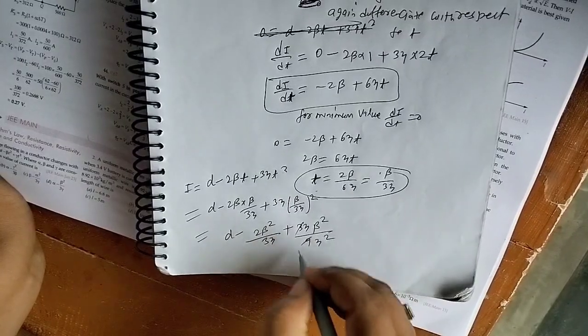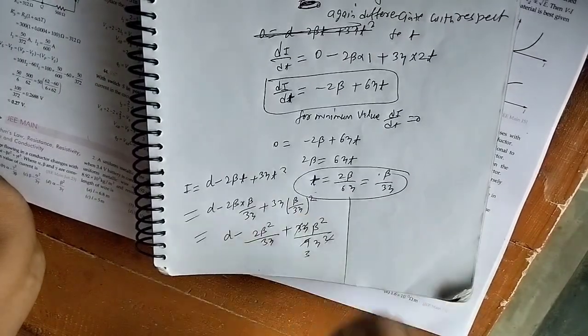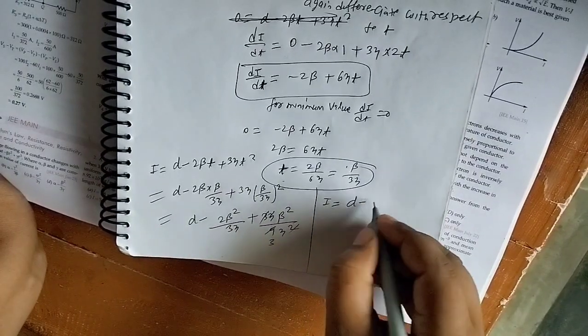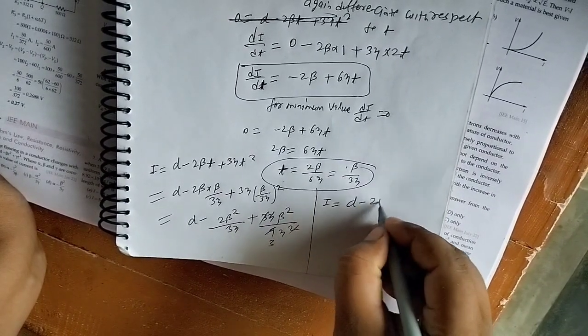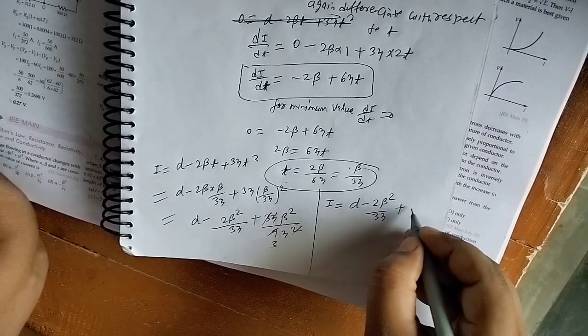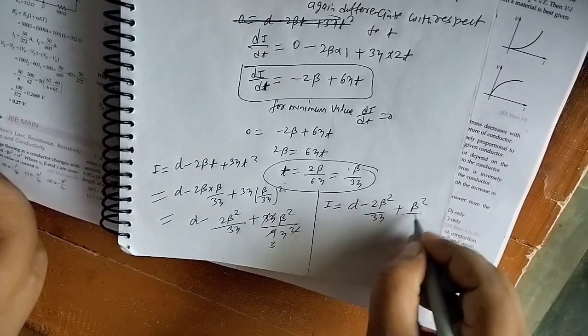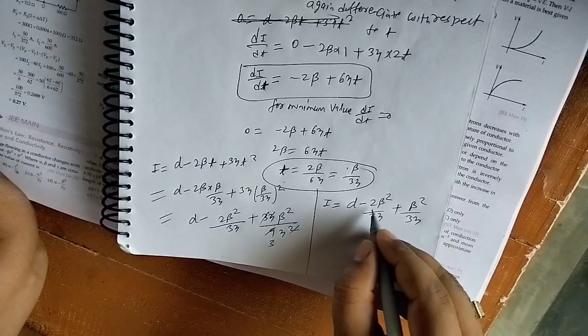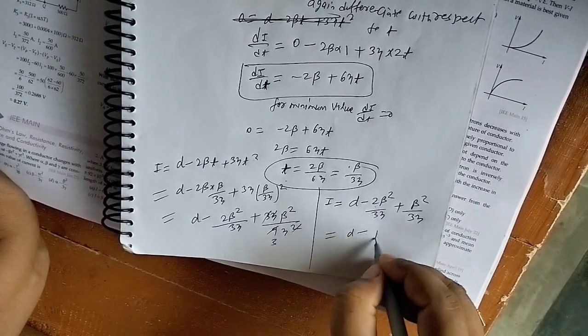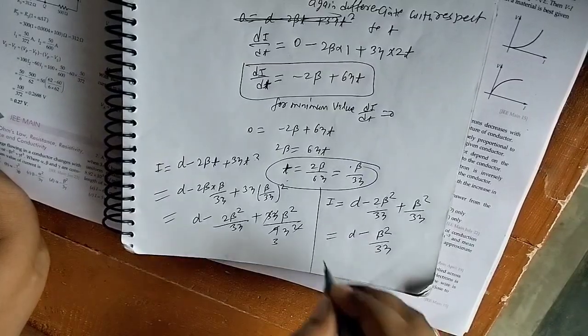Here 3 times 3 is 9 and gamma cancels out, then I equals alpha minus 2 beta square upon 3 gamma plus beta square upon 3 gamma. Minus 2 beta square plus beta square gives alpha minus beta square by 3 gamma.